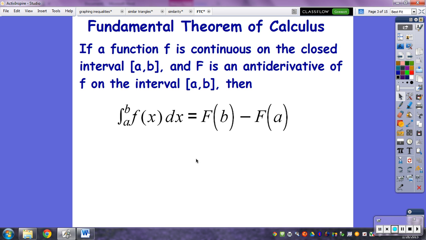We discussed how you could evaluate a definite integral by finding the antiderivative, that is the function whose derivative is this integrand. And then once you find it, you evaluate the antiderivative at your upper and lower limit of integration. So that's one part of the fundamental theorem of calculus.